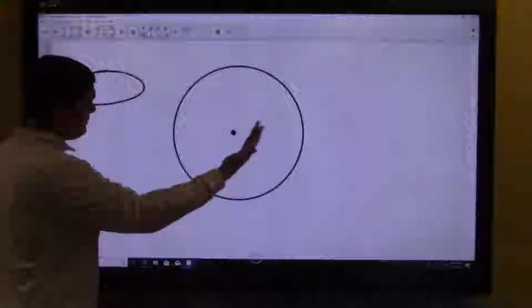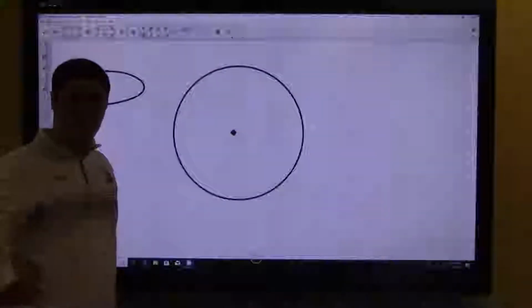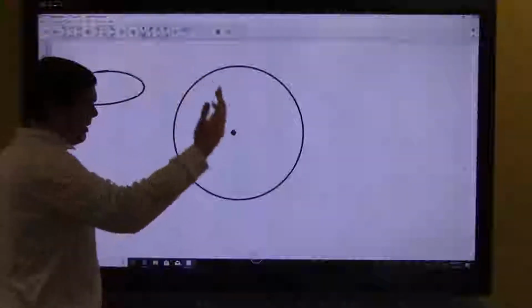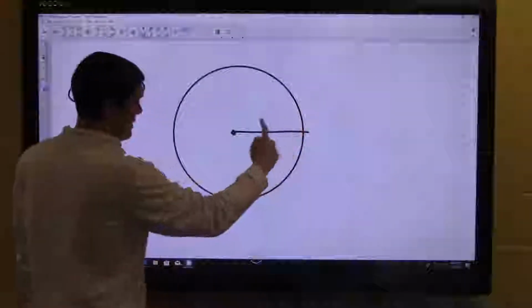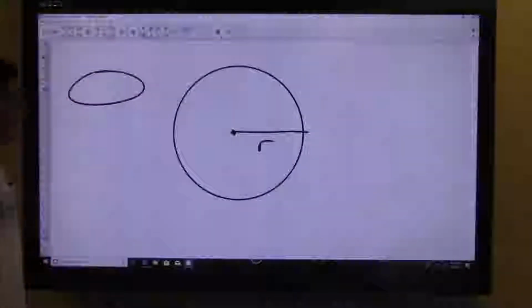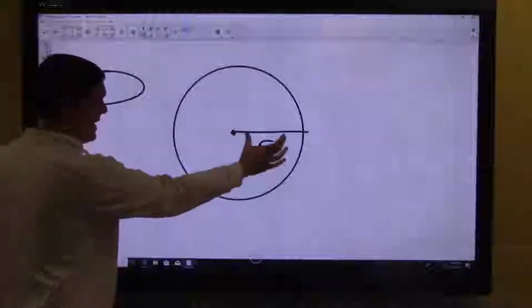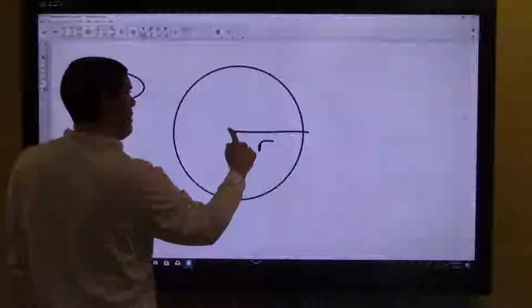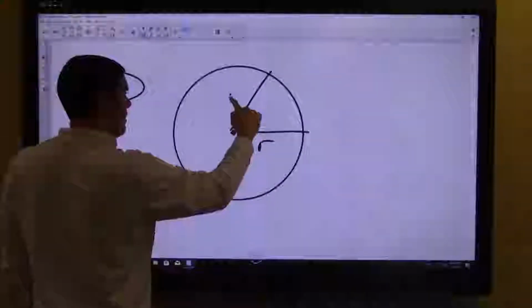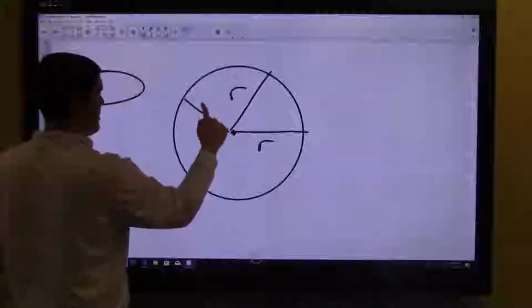So radius, I know you guys have heard that term before. This circle has a radius, so let's say this is the radius here. Now, I'm trying to get to the definition here. We have multiple radii. That could be a radius. This could be a radius.